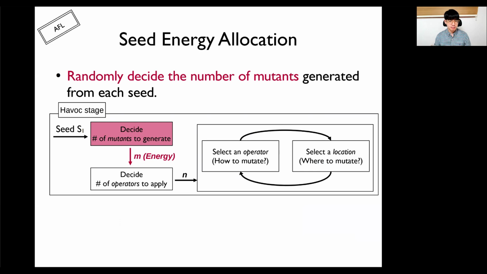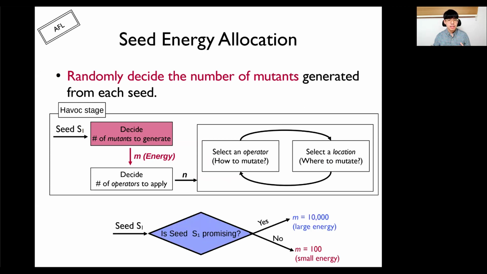So AFL takes as input the seed S1 selected in the previous stage, and then randomly determines the number of mutants generated from that seed, in this case, M. As in the previous explanation, it is also not effective to determine that number randomly without considering the potential of each seed. For your interest, in AFL and other mutation-based fuzzing research, the energy usually denotes the number of mutants generated for each seed.